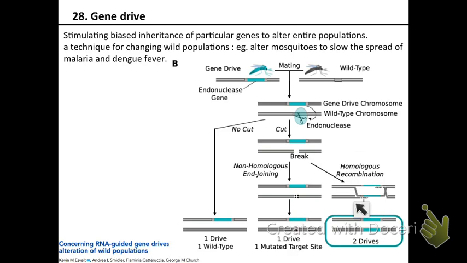Now, when that mosquito with these two copies mates with another one, then you can modify the genome of the second mate, and the gene that you inserted will spread into the population. Okay, so that's why it's called the gene drive.